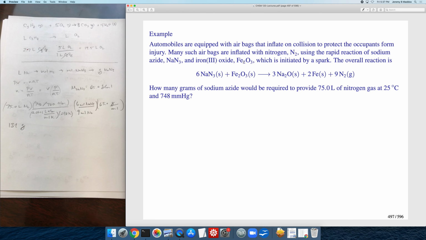Okay, so we've just solved a cool problem, a practical problem. Given that you want to make an airbag with these conditions, how much of this reactant do you need in order to do that? And so that's our answer there.